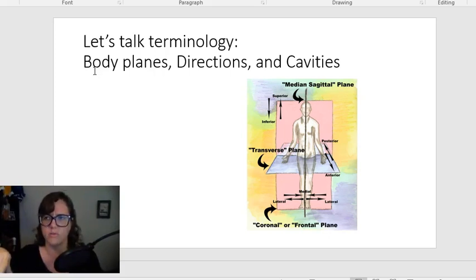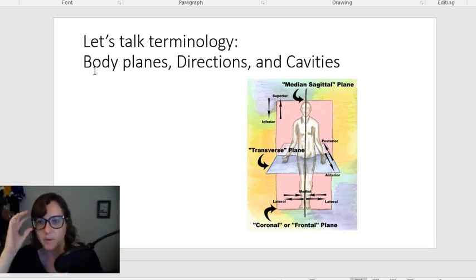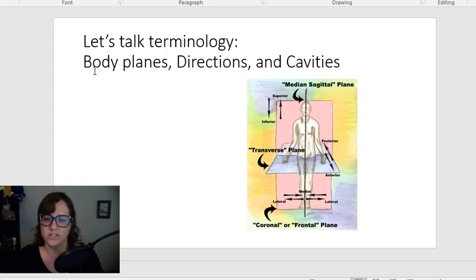Are we talking about your right? Well, technically, we're always going to be talking about the patient's right. So if you are the patient and you say right atrium, we're talking about your right. But if you're a doctor looking at a patient and you say right, it's the patient's right. Okay. But also, we can't use words like north or south or this way or that way or front or back, because what if we need some sort of unifying language.